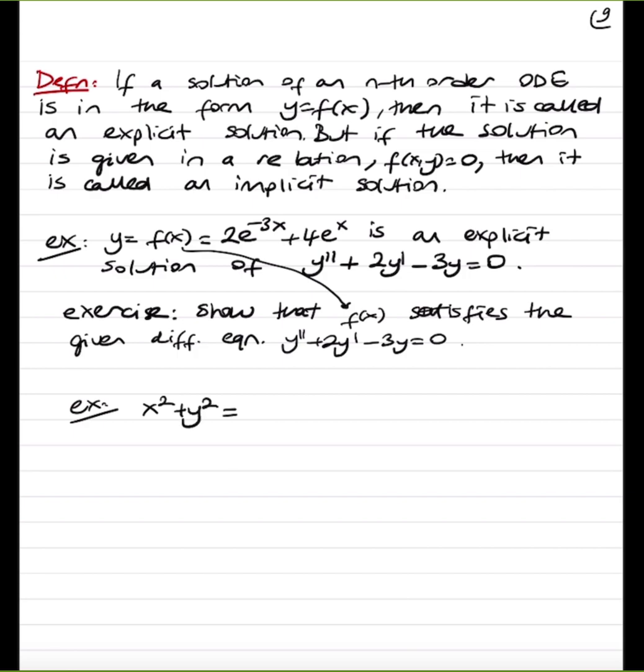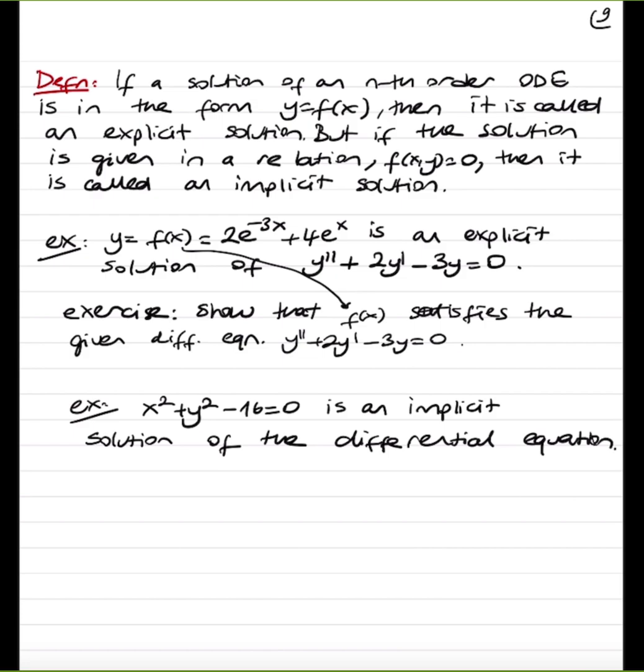For example, x squared plus y squared minus 16 is equal to 0 is an implicit solution of the given differential equation.